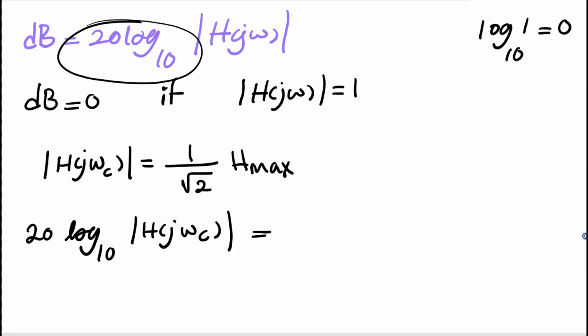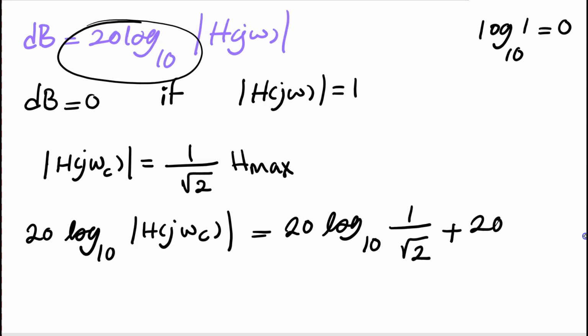Now you know that if you're working with a logarithmic function and you have multiplication, you can consider this as addition. So it's going to be 20 log base 10 of 1 over radical 2 plus 20 log base 10 of your H max.